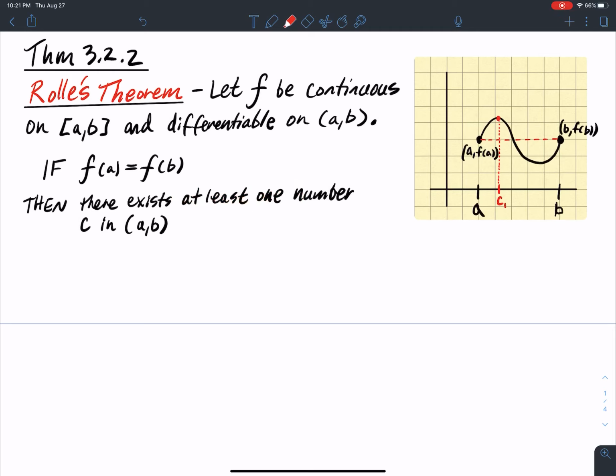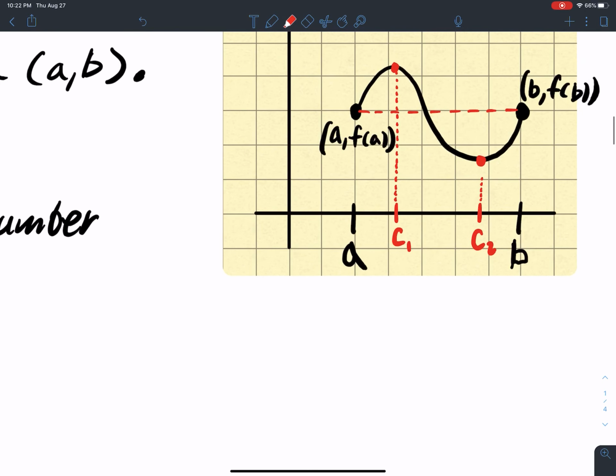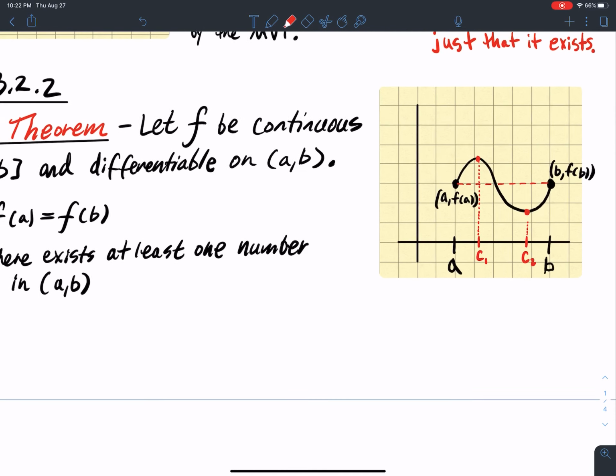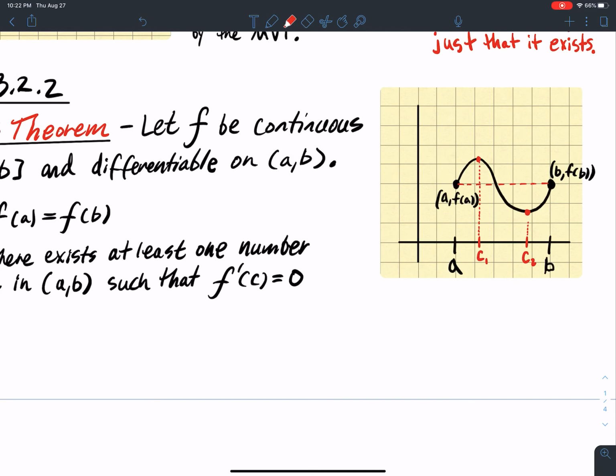It's not just one potential c. You could have multiple c's, so there could be more than one c. So there exists at least one number c in (a, b), meaning some number between a and b, not equal to a, not equal to b, such that the derivative evaluated at c is equal to 0.